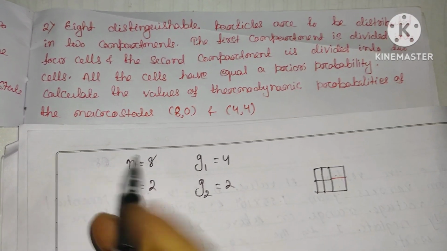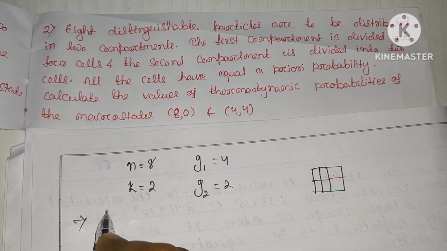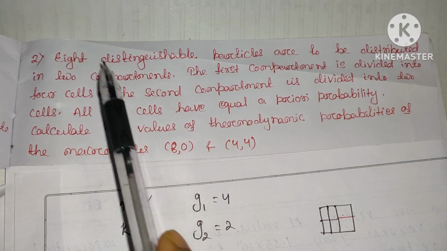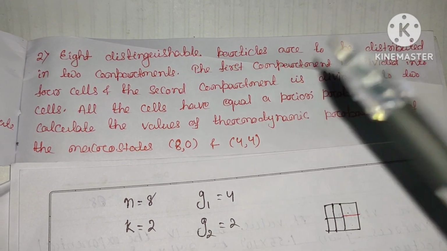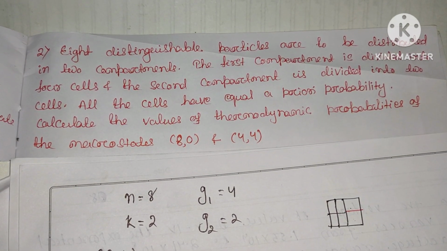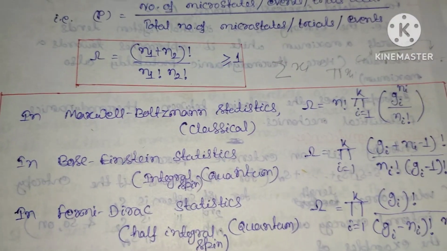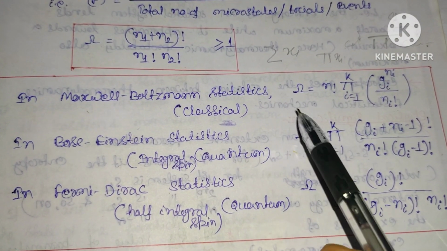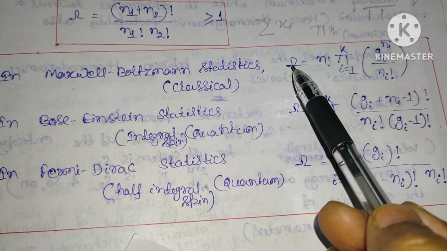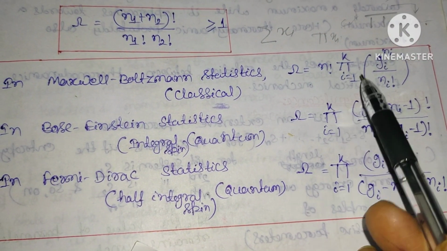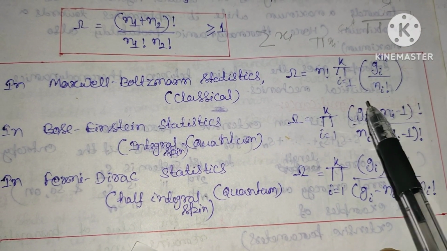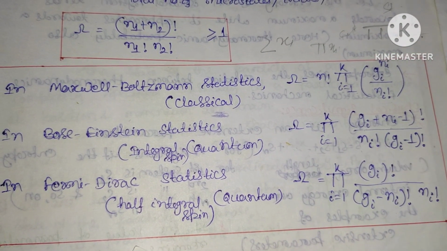8, 0 and 4, 4. So we will first see for 8, 0. For that case you first see there are 8 distinguishable particles. Then you have to remember, I have already told that for distinguishable or classical particles, the Maxwell-Boltzmann statistics says the number of microstates will be n factorial, product over i equal to 1 to k, gi power ni divided by ni factorial.